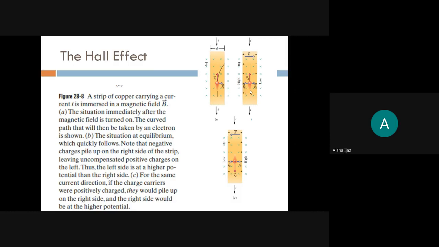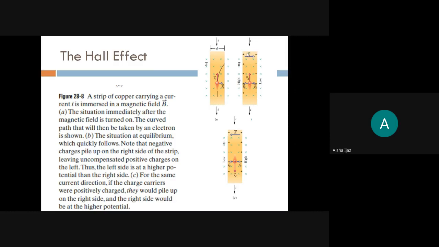This is figure B, where you are seeing the equilibrium condition. Equilibrium means the forces are balancing each other: the electric force and the magnetic force balance each other here because the current is flowing. There will be an electric field here, due to the presence of these static charges, plus and minus.